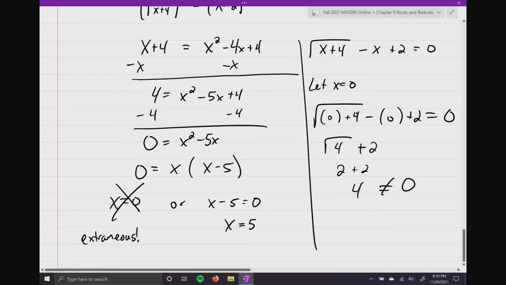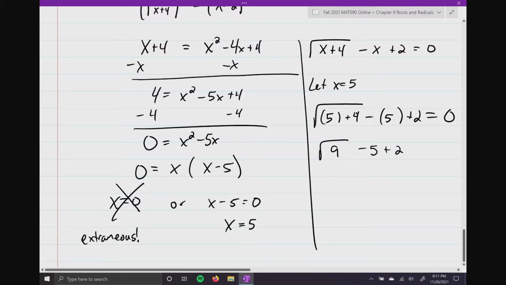Okay. Now we're going to let x equal 5. So let's do this all over again. All right. So let me go ahead and substitute in a 5. All right. So 5 plus 4. Well, that's going to be 9. Minus 5 plus 2.